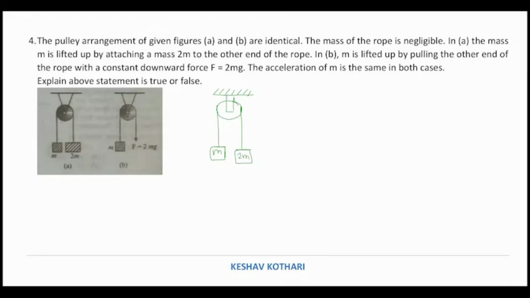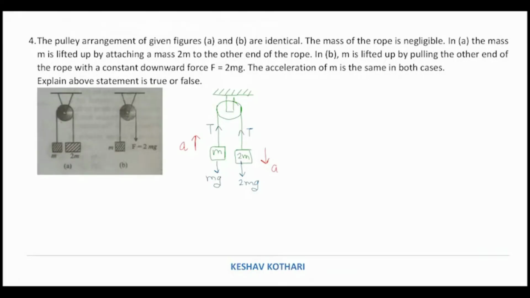So a force of 2mg is going to act in this direction, and a force of mg is going to act in this direction, and a tensional force is going to act like this. Now it will generate an acceleration in the upward direction for the smaller mass m, and for the 2m mass it will generate an acceleration in the downward direction. Since they are constrained to move together, they both will have the same magnitude of acceleration.